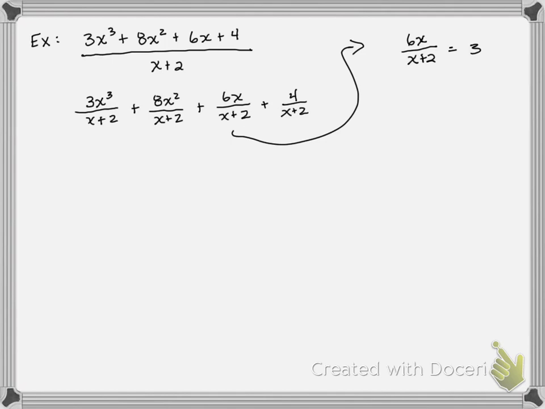So think about it this way. If this was the number 60 and this was the number 12, could we cancel this and put a 3 right there?